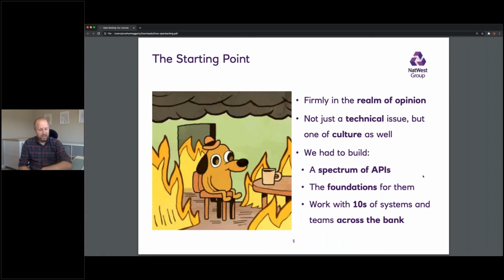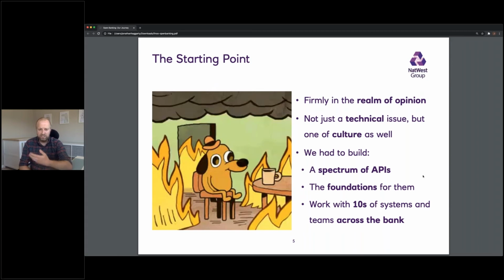As we were embarking on this journey, we realised that we didn't just have a technical issue to face into here. It was one of culture as well. People fundamentally couldn't get their heads around the fact that we were going to be exposing stuff to a market that we weren't in control of. We weren't in control of what people would build on top of it, and to some extent we weren't in control of how people would use it.